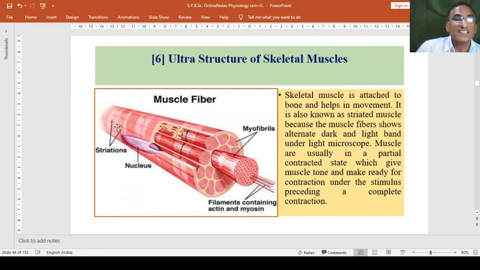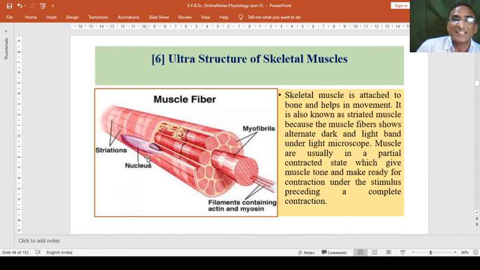So these are the striations, or we can say bands, found on the muscle fibers. And the muscle is also a cell, a type of tissue. Therefore this muscle cell has a large nucleus which controls the various activities of these fibers.